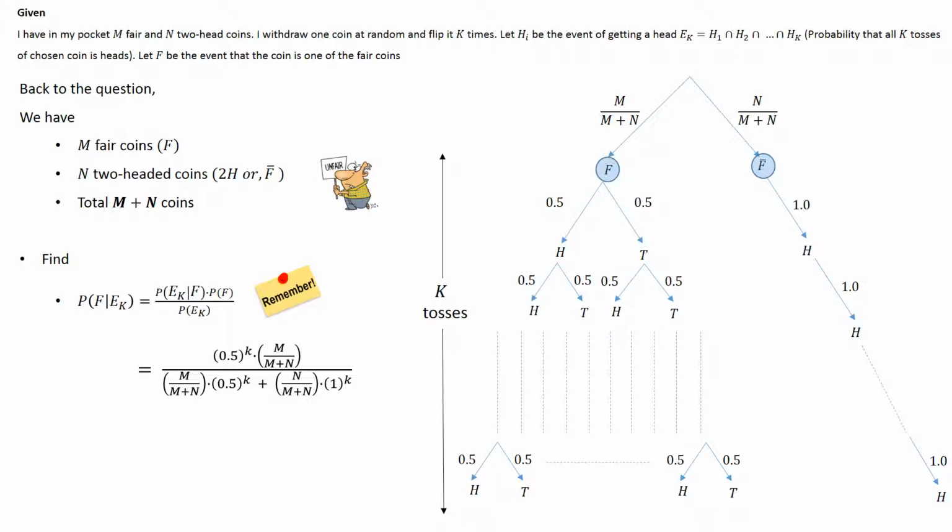We divide all by the total probability of getting heads on k flips, which is the sum of getting heads given a fair coin plus getting heads given the two-headed coin, as shown in the bottom part of the equation. We simplify this equation to get m times 0.5 to the k, divided by m times 0.5 to the k plus n.